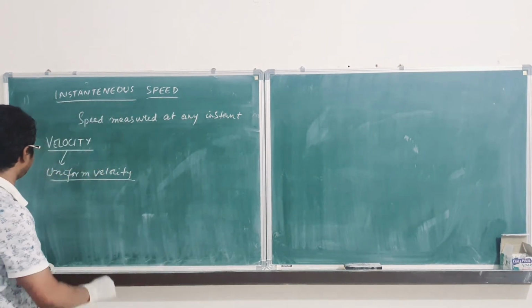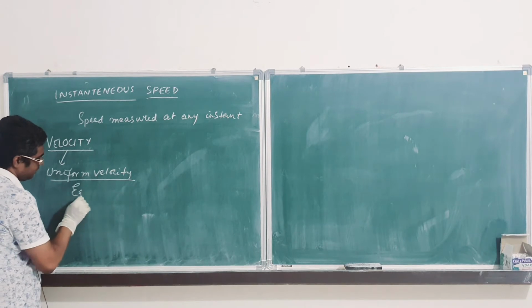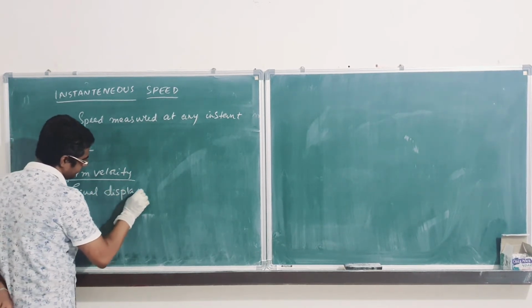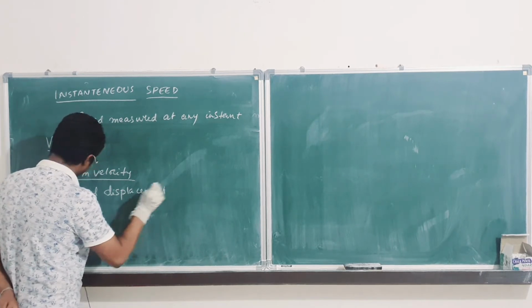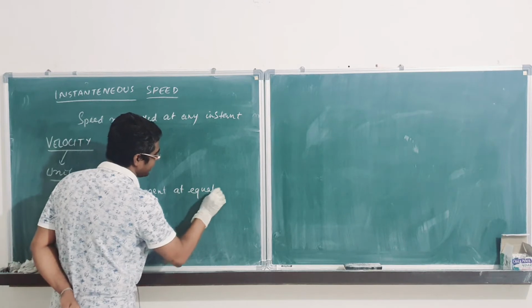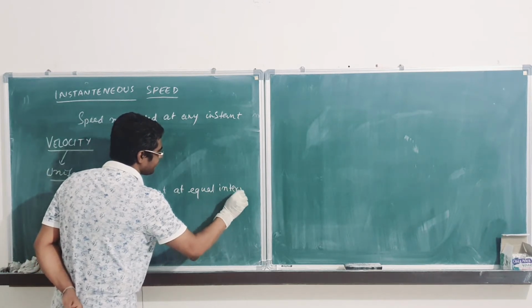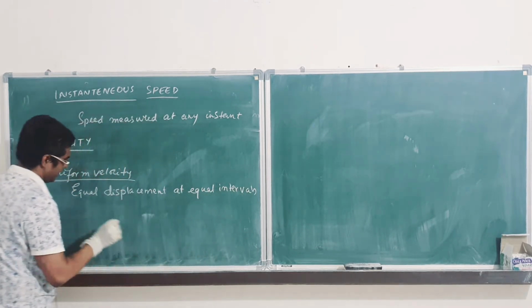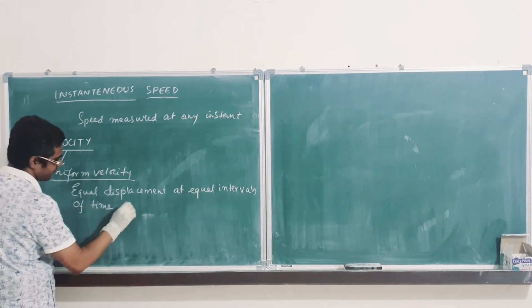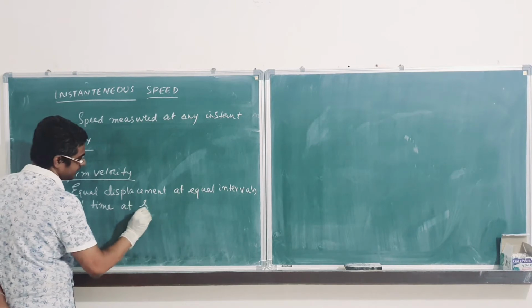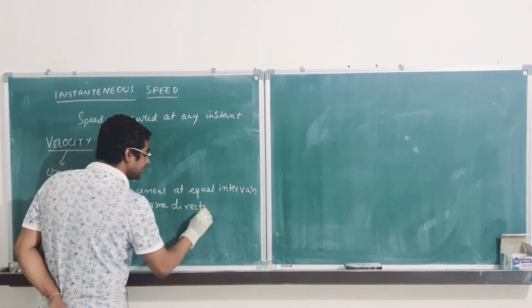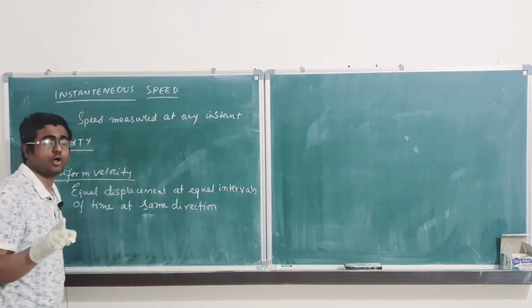So when we write uniform velocity, you should write: equal displacement at equal intervals of time in the same direction. If direction changes, velocity will change, it will not be uniform.